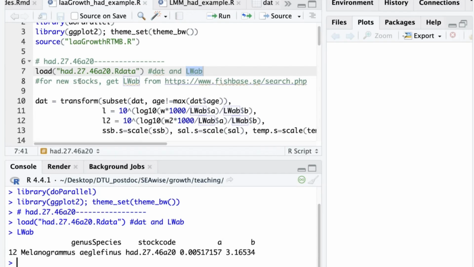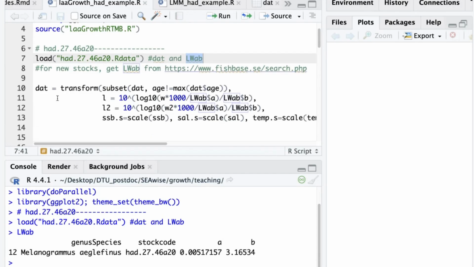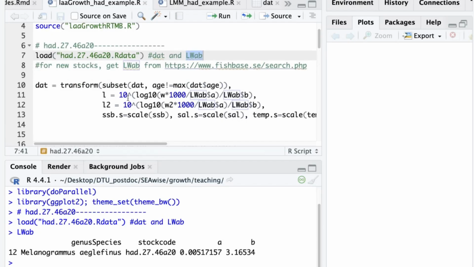Yeah, you can get those for your stock. You could get them from this FishBase link or wherever you want. And so here I'm using those coefficients to transform from weight to length and from the next weight to the next length.